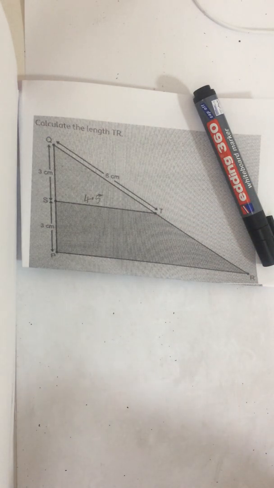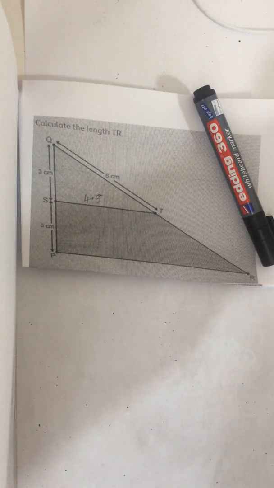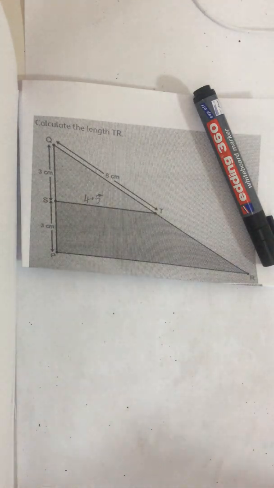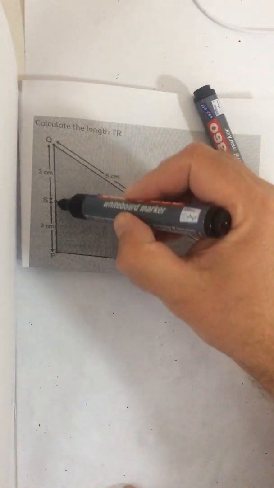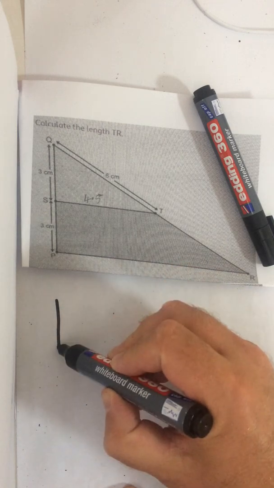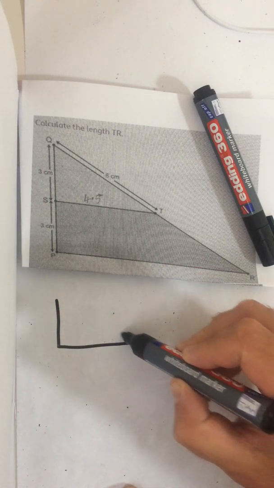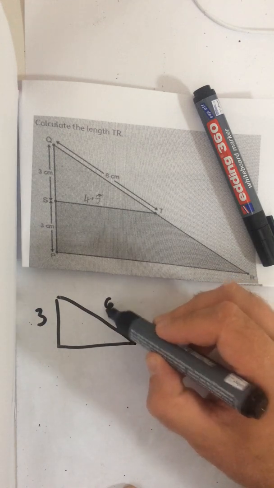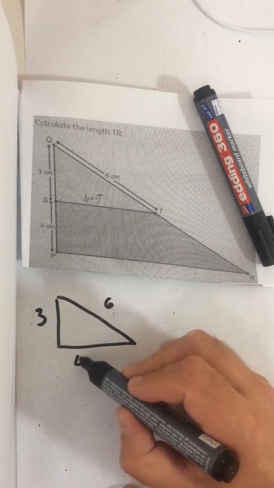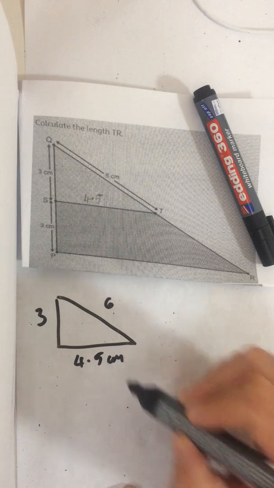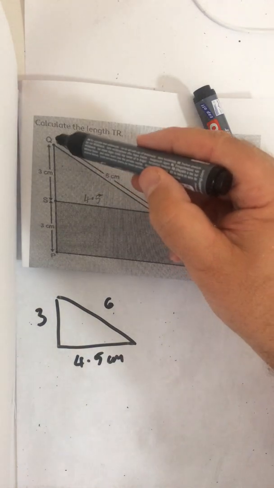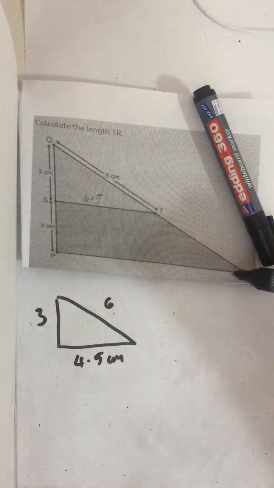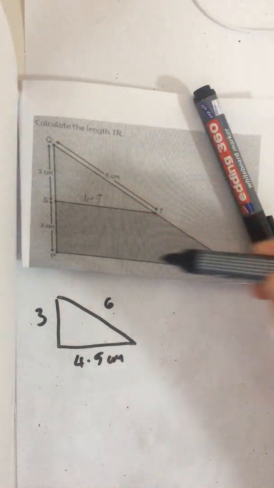One way of doing these, just to start off, is actually just to draw. I'm going to draw this small triangle first. So here's the small triangle, and I can see that's 3 centimeters, that's 6 centimeters, that's 4.5 centimeters. Now I'm going to draw the big triangle, basically the whole thing.